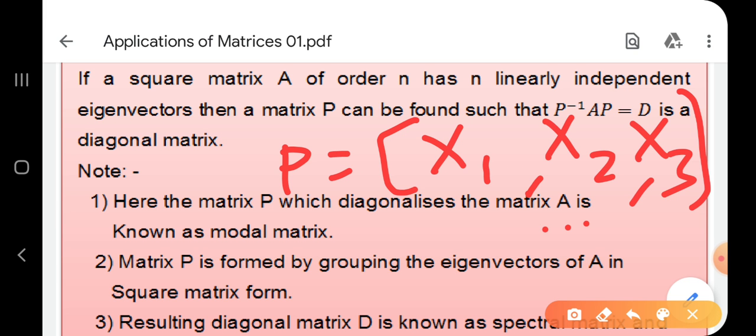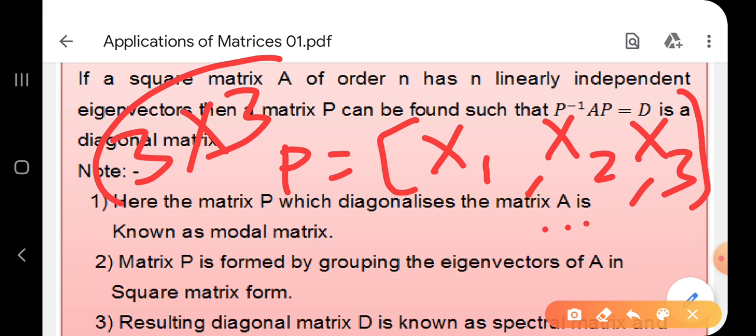But for our syllabus, we are going to take a 3 by 3 matrix, so I require 3 eigenvectors. For one eigenvalue I get x1, for the second eigenvalue I get x2, for the third eigenvalue I get x3.